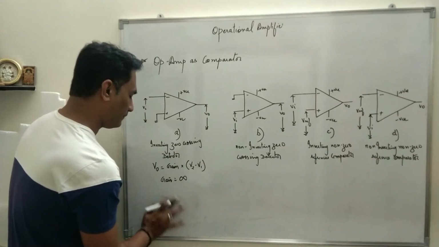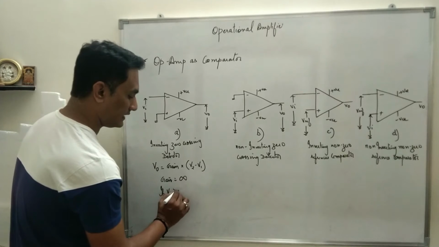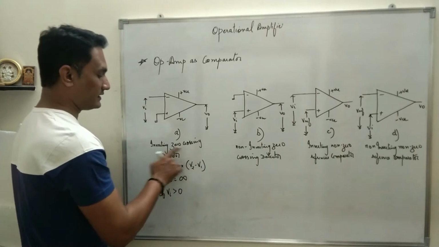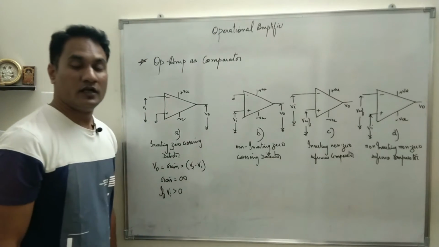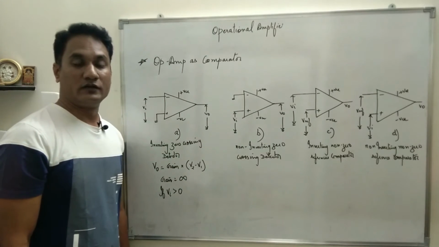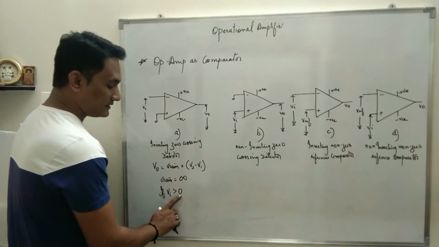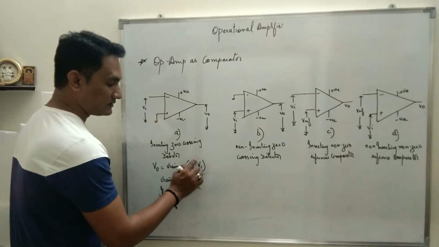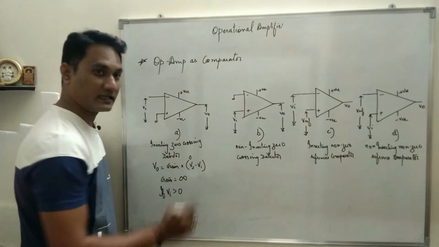Now if Vi is greater than 0, as I said, this is an inverting zero crossing detector, which detects when the input crosses the 0 mark. If Vi is greater than 0, what is the difference? This is 0 and this Vi is greater than 0.